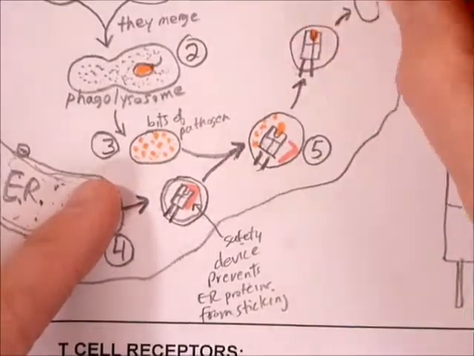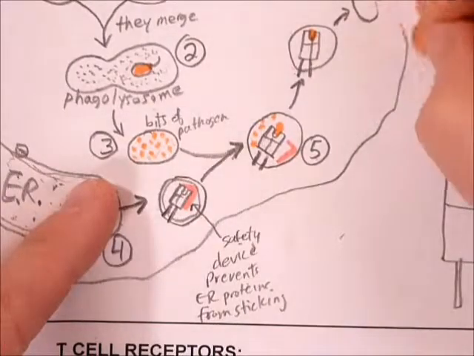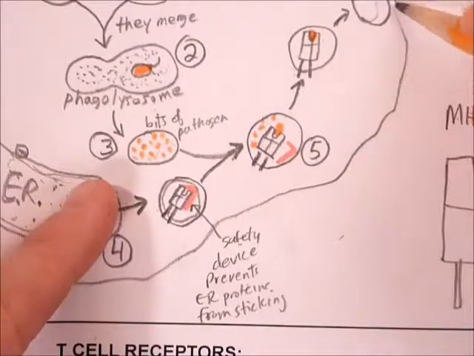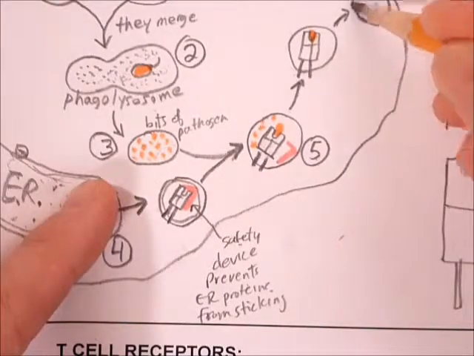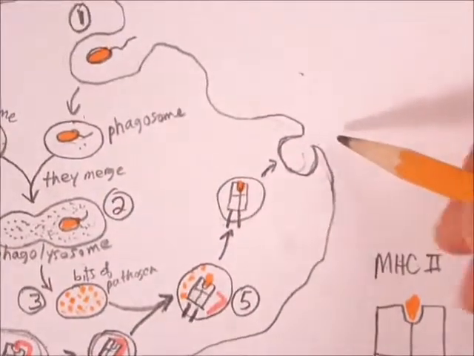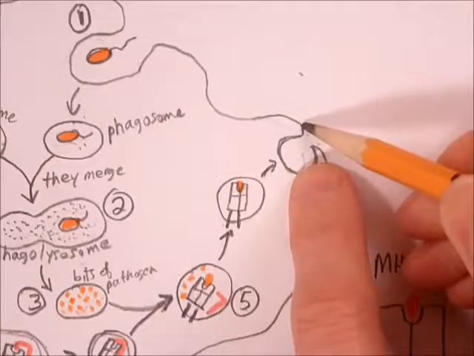As soon as it touches, that's why I draw in pencil, because then if I need to erase, I can. I'm going to make it a little bit bigger here. So this is the vesicle, but it's touched. It's touched here, so it's starting to join.